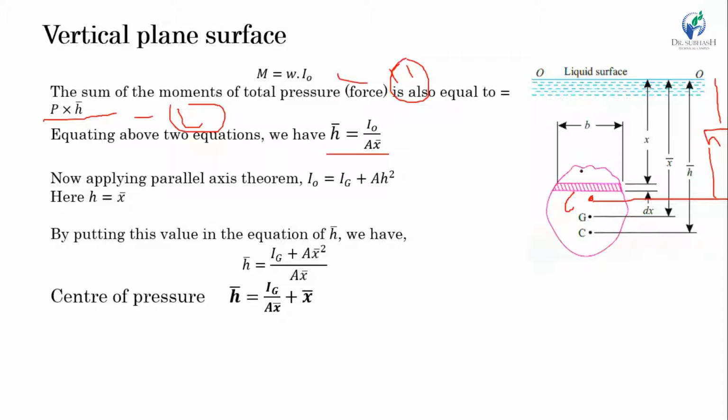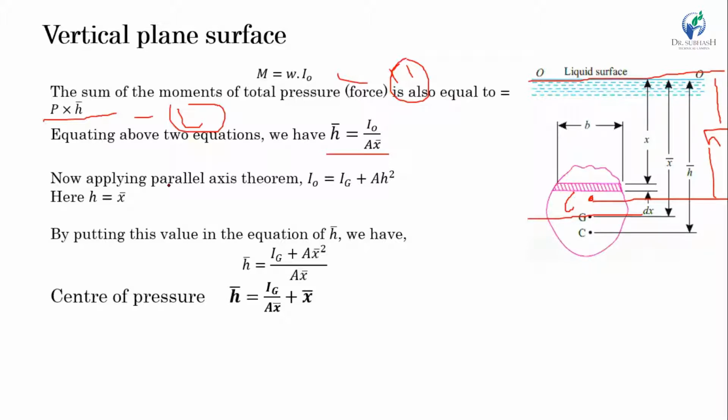So it is better to have an equation which gives the moment of inertia about the axis passing through the CG. This is the moment of inertia about the free surface of liquid, but we are interested to calculate the moment of inertia about the center of gravity of the area.